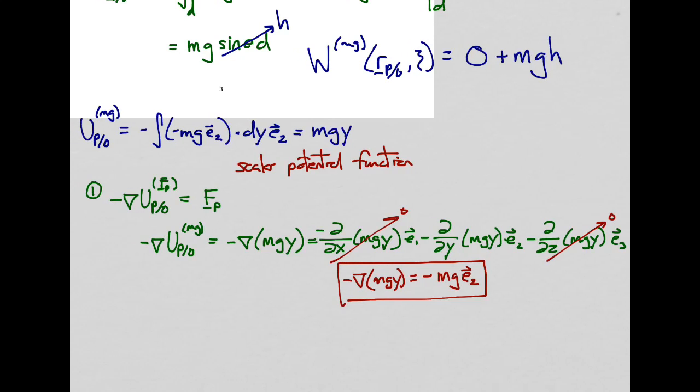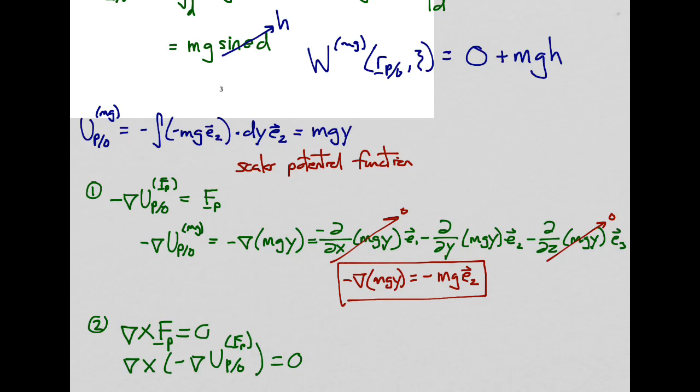And then the next condition is that the curl, and recall that a curl is the gradient crossed with the force itself, has to be equal to 0. And so we can write this as the gradient crossed with the negative gradient of our potential energy of that conservative force has to be equal to 0.